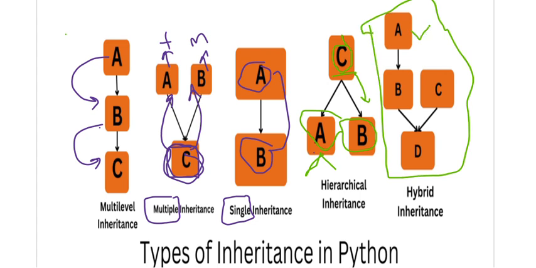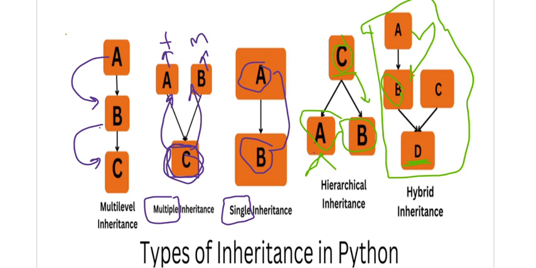A is the parent only for B, not for C. We'll not have any connection between A and C. We have a relation only between A and B. So A is a parent for B, and B acts as a child only for A. Now B and C are the parents for D. So D is the child of B and C. So this is known as multiple inheritance. Yes or no? So only this, which is B and C.